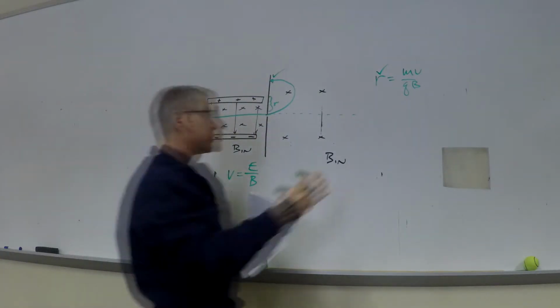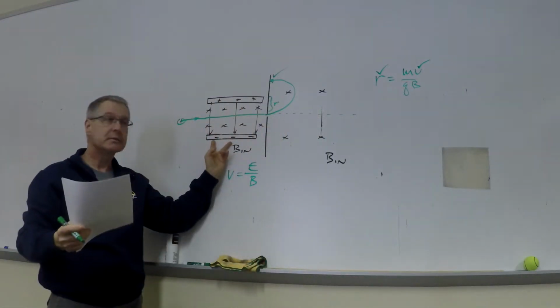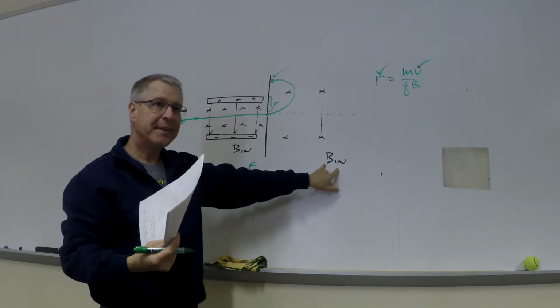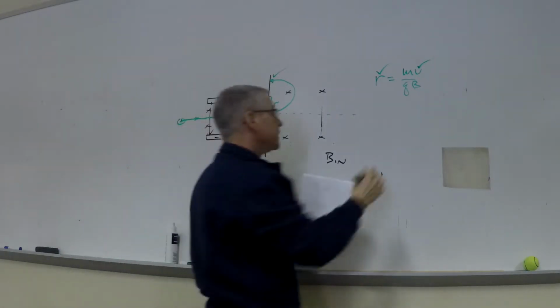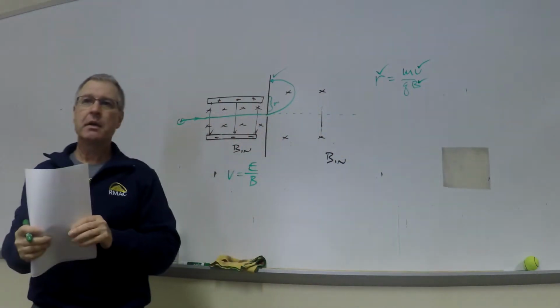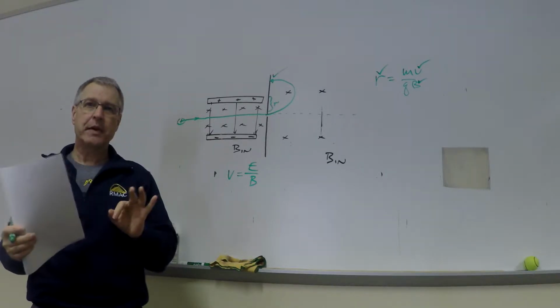We know how fast those particles were going because we sent them through a velocity selector. We can know what the magnetic field is here because we can adjust that to whatever we would like. So we know this. And here's the one little assumption I'll make to simplify this a little bit.